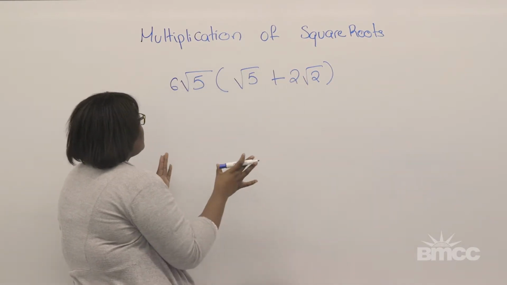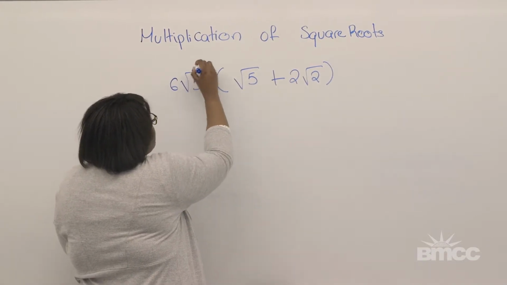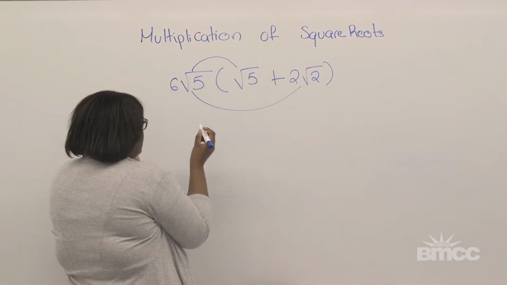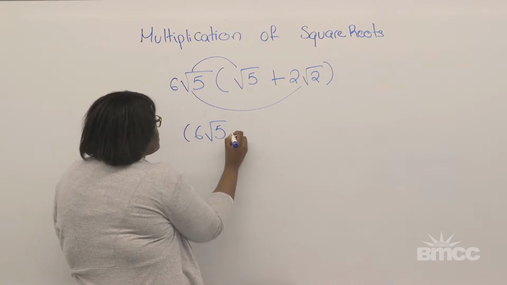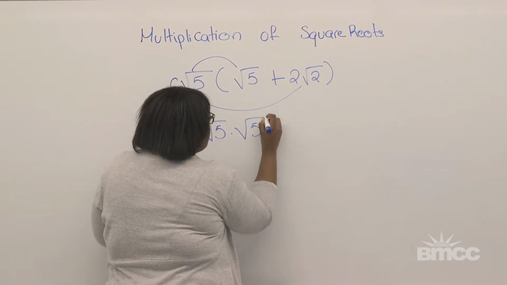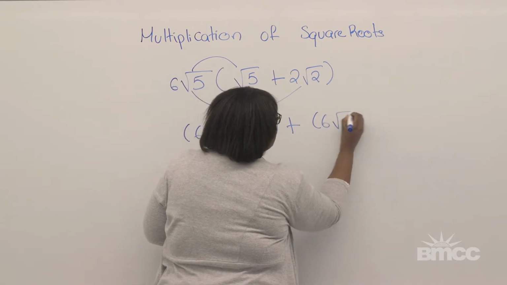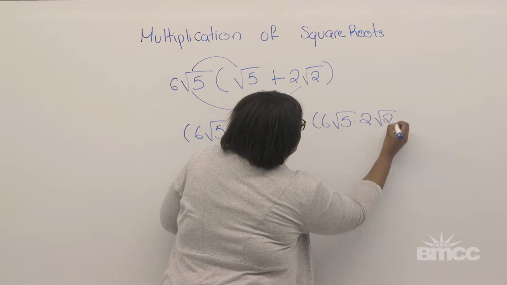The next step is to multiply 6 times radical 5 to both expressions. So we're going to distribute it out. And so I'm going to have 6 times radical 5 times radical 5 plus 6 times radical 5 times 2 radical 2.